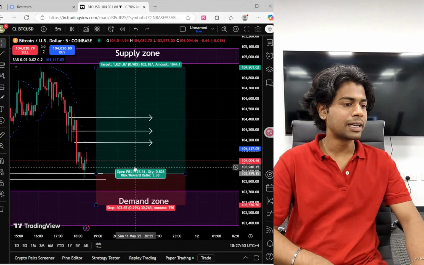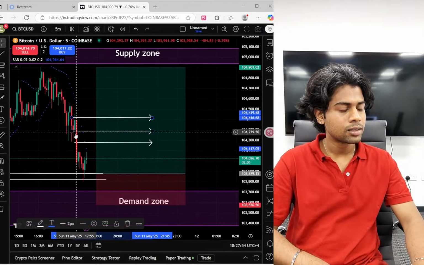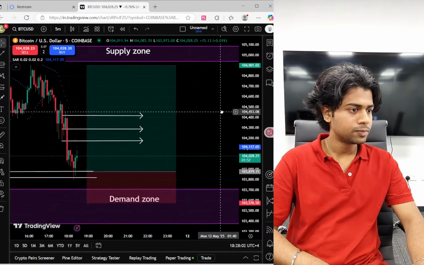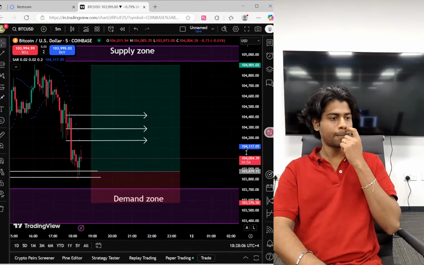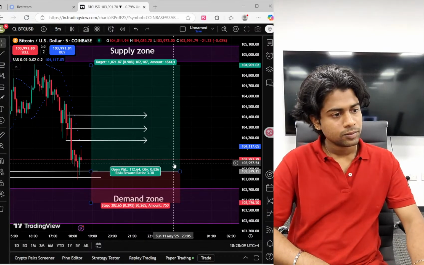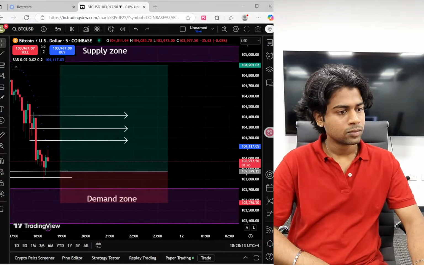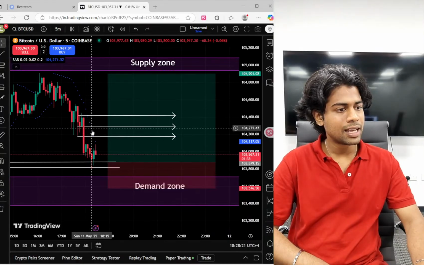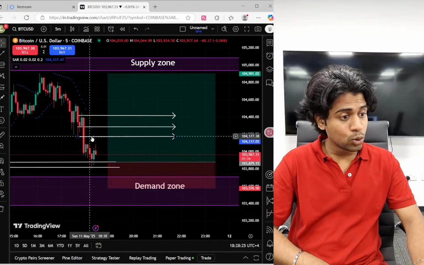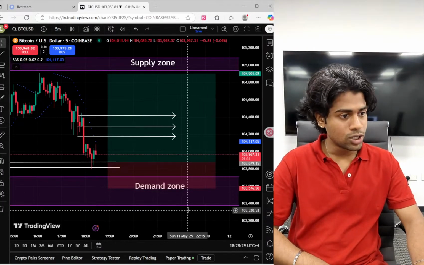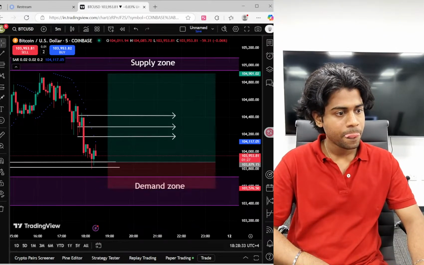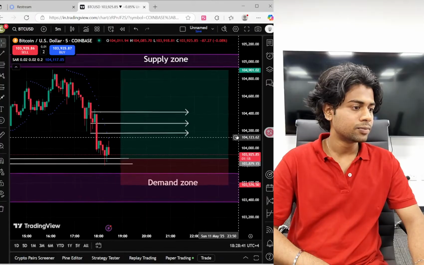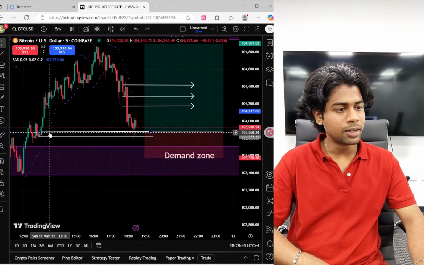These are the 3 levels where the market can take retracements. See, even in the parabolic SAR indicator, whenever the candle comes very near to that dot, there are high chances that the market trend is going to change. So it is very near to that dot. But we will still wait. We can't just go on the basis that the market is showing a red candle. We'll wait. This is a good demand zone, but still we will wait.